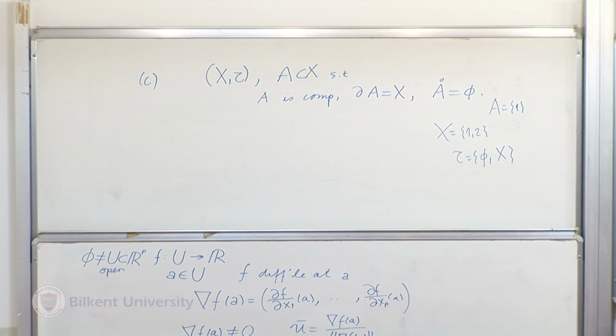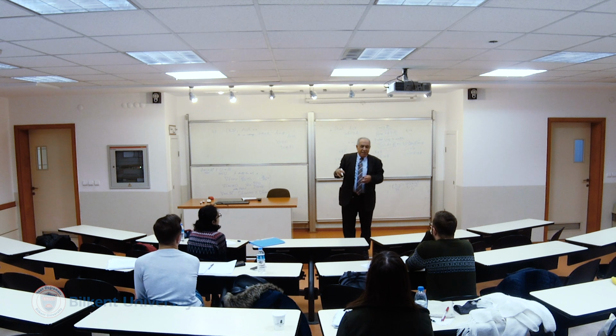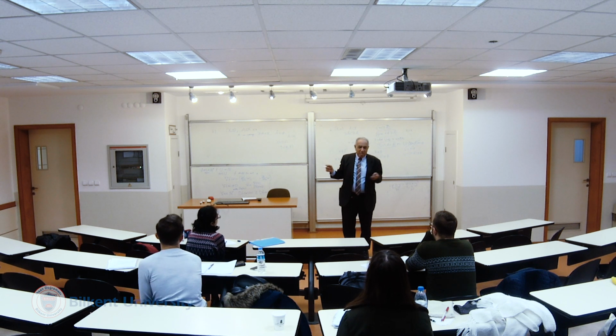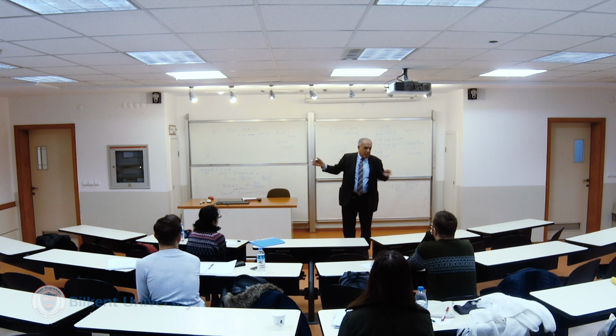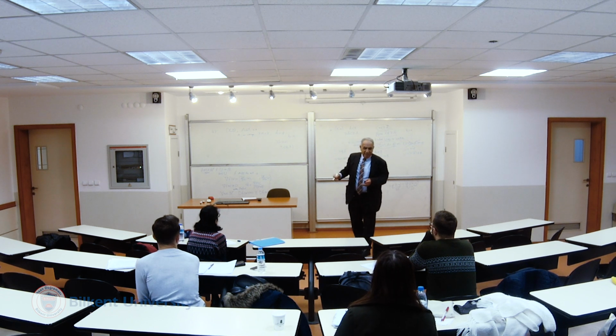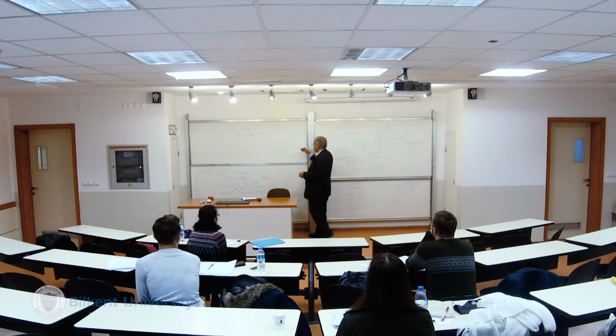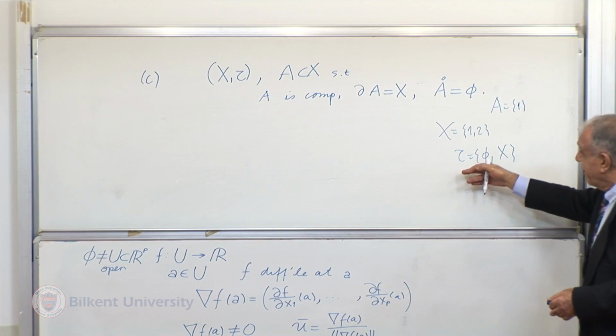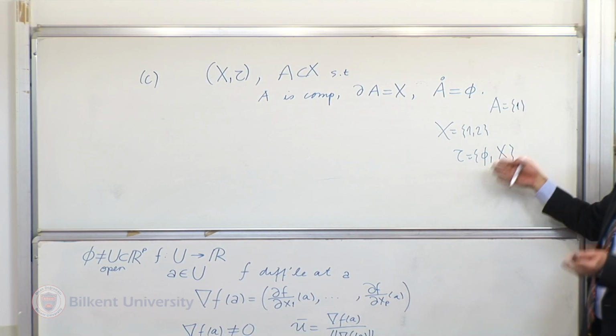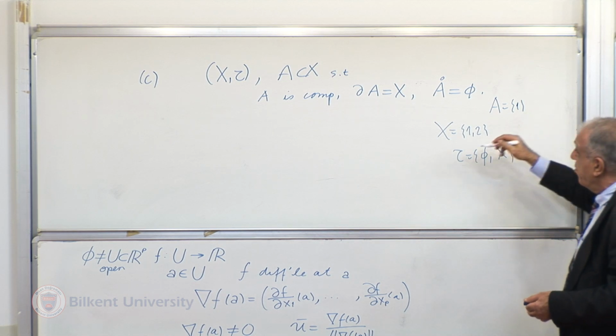A is compact for several different reasons. Well, any subset under the indiscrete topology is compact. Any finite set is compact. So this is compact. It's finite, it's compact under any topology. Under this topology, anything is compact. So it's compact.